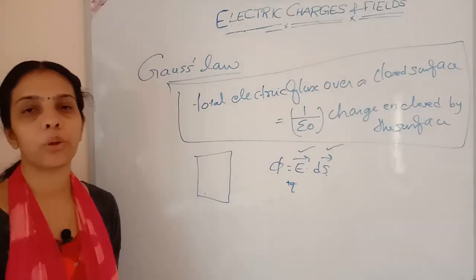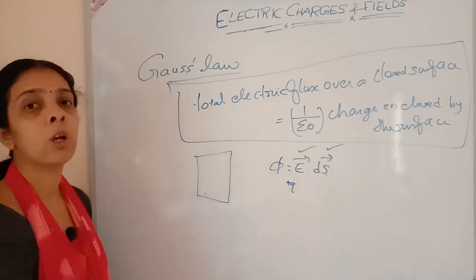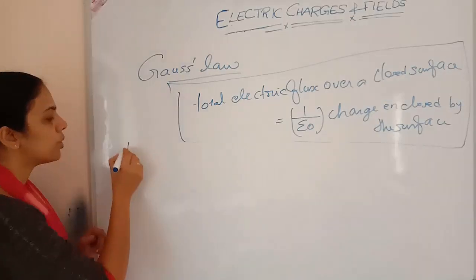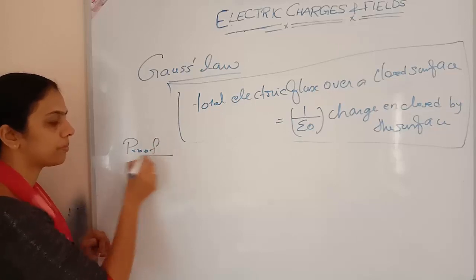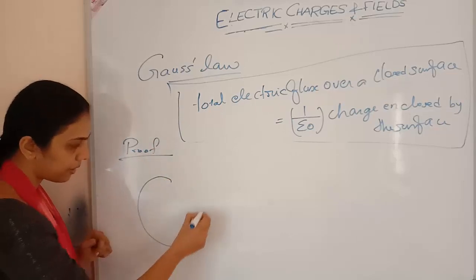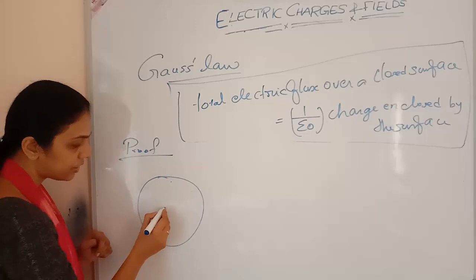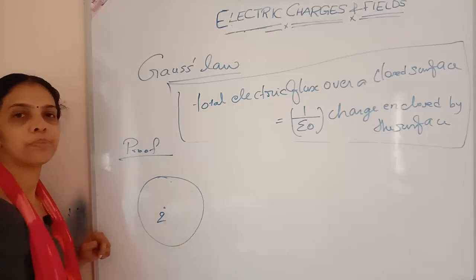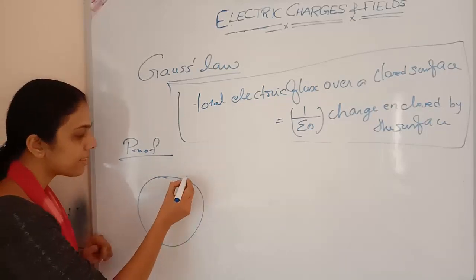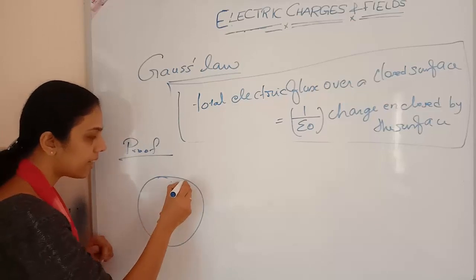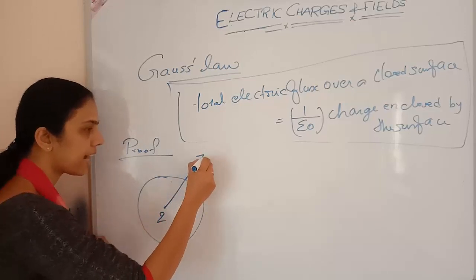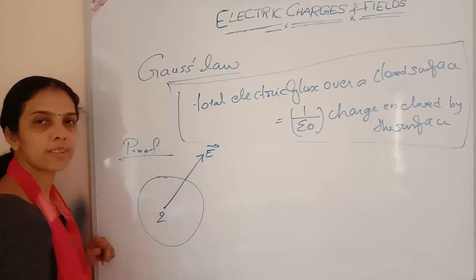So now we are going to give a proof for this Gauss law. Proof. I am considering a sphere. In that, a charge is situated at the center. The electric field is acting radially outwards.